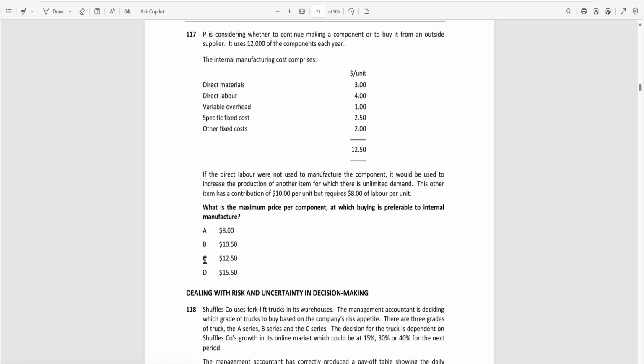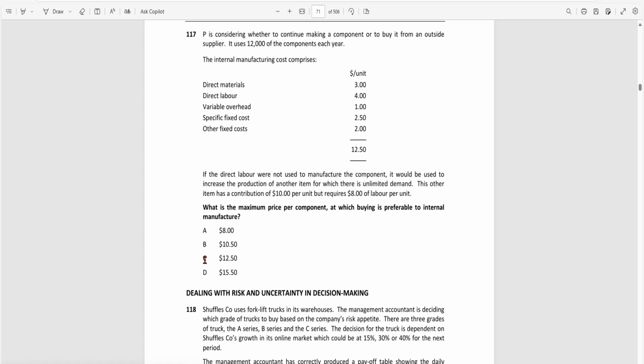They have provided a breakdown as well. If the direct labor were not used to manufacture the component, it would be used to increase the production of another item for which there is unlimited demand. This other item has a contribution of 10 per unit but requires 8 of labor per unit. So what is the maximum price per component at which buying is preferable to internal manufacturing?